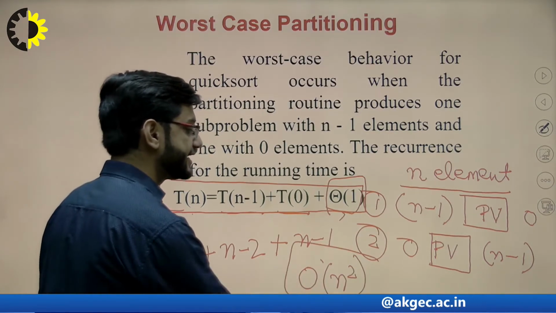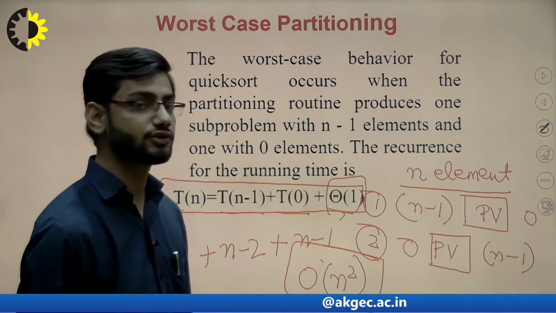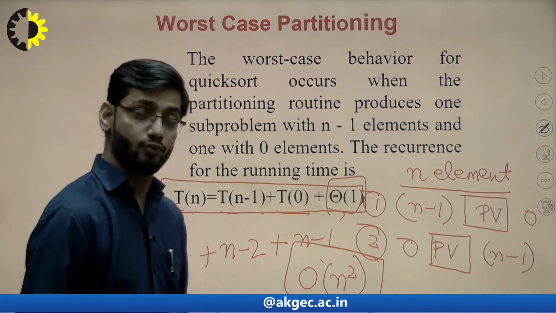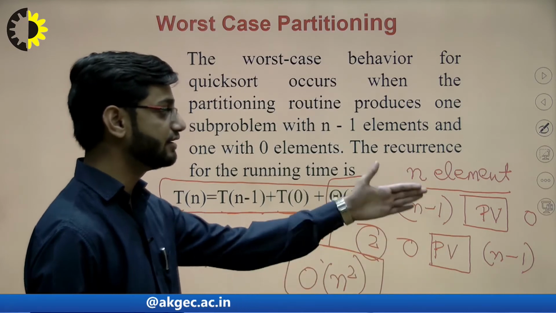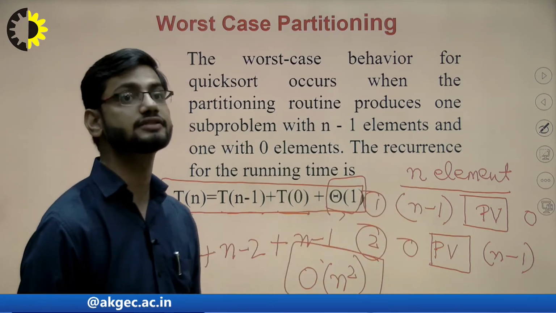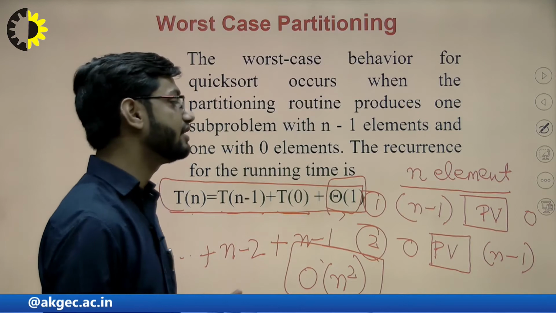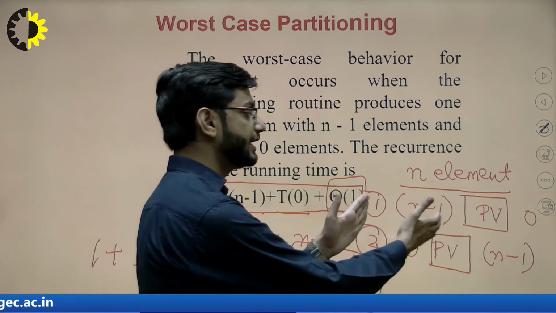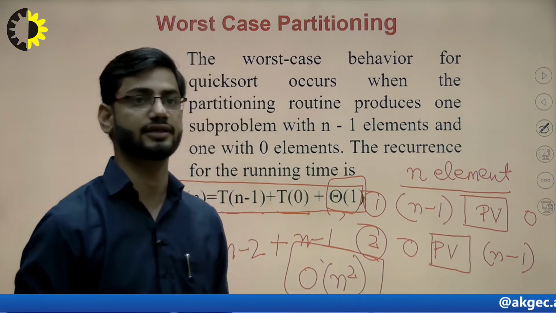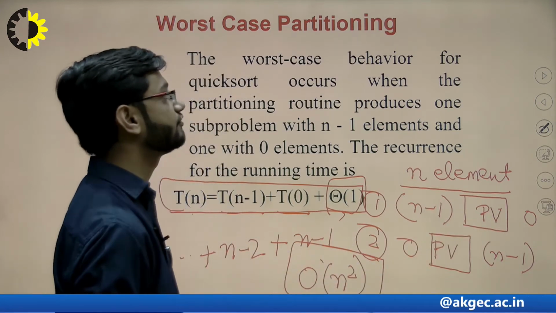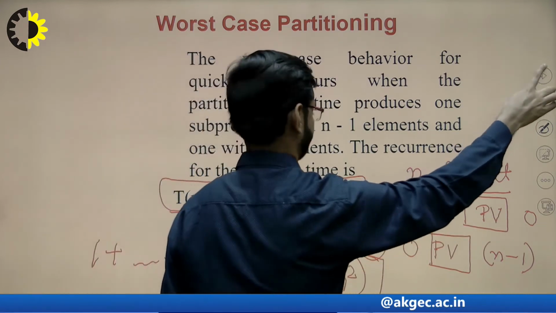So the worst case time complexity of quicksort is quadratic. We get this when the partitioning is unbalanced, where we get the whole array on one side and nothing on the other side. So this is the worst case of quicksort.